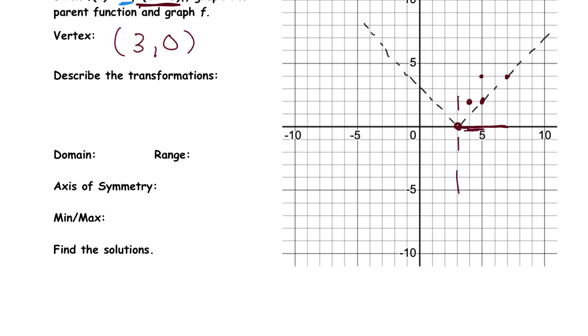We have an axis of symmetry. So each one of those has a buddy point. Do you agree? Okay, I have taken care of my right 3. I've taken care of my horizontal compression by 2. Now I just need to flip it over the x-axis. So this point right here is going to be right here. This point right here is going to be right here. And then I'm going to plot the buddy points.